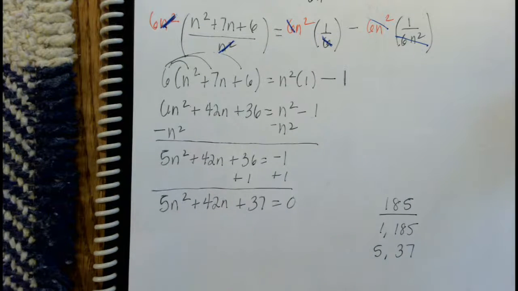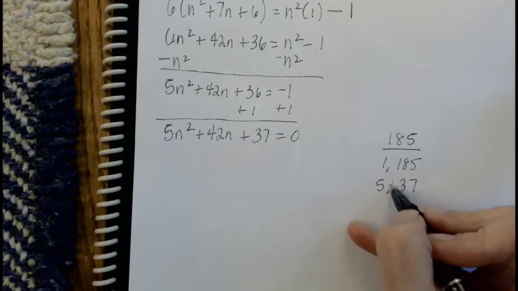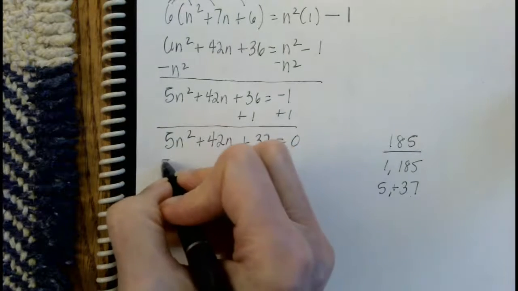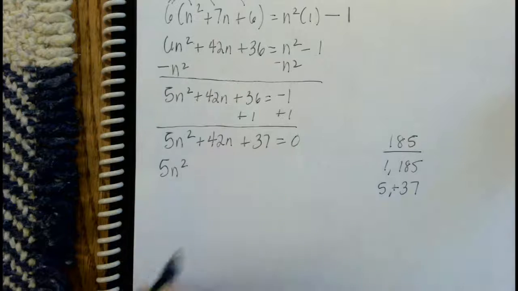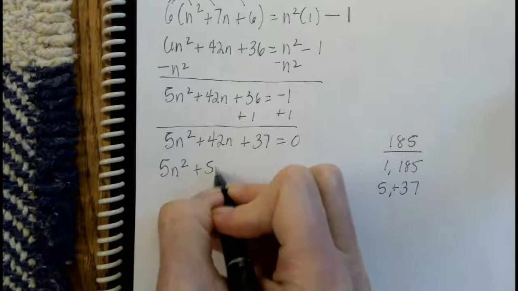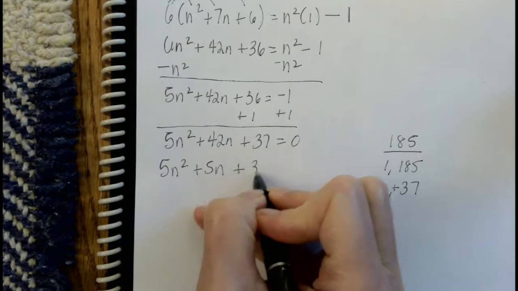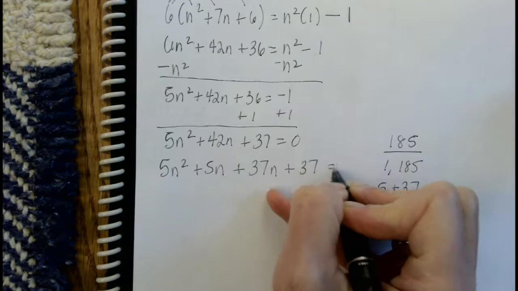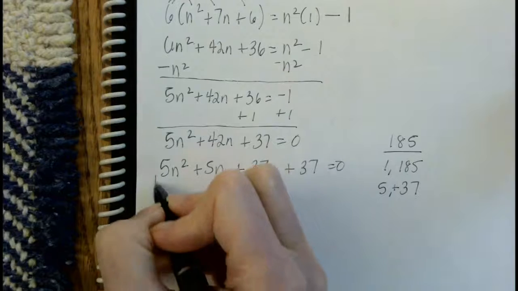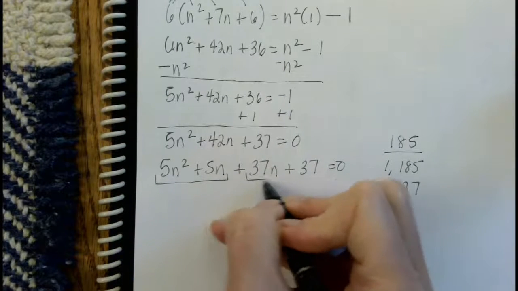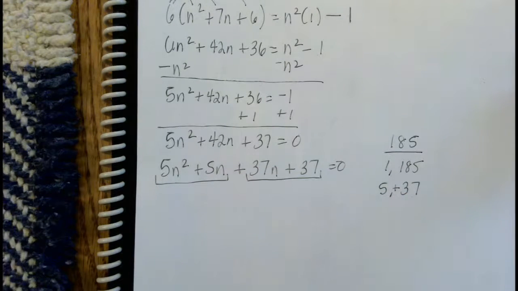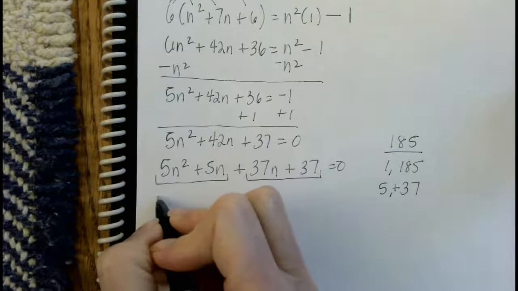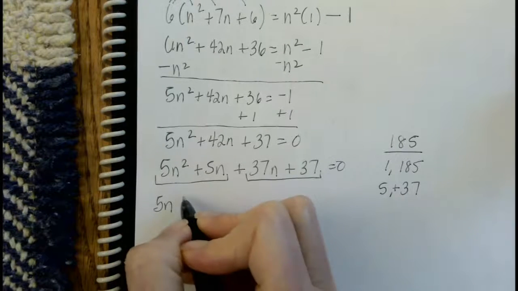Everything is positive in here, so we are adding these two values together. So this is 5n squared plus 5n plus 37n plus 37. And I grouped them nicely with the 5's together and the 37's together. And our greatest common factor in the first is 5n.